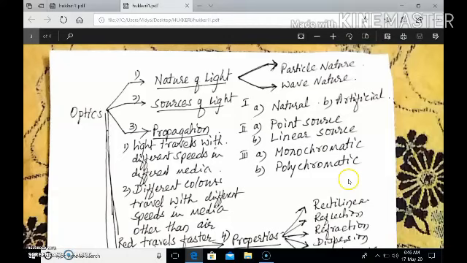Sources of light. In high school you have learned the types of sources of light, namely natural and artificial. Sun is a natural source of light, whereas moon is an artificial source of light.